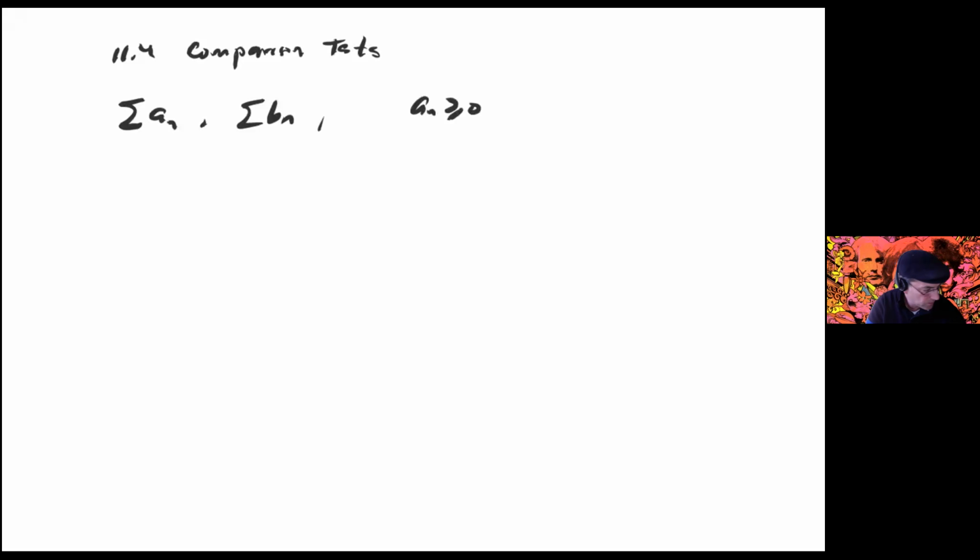Okay, it's the comparison test. There's actually two of them, so let's say comparison tests. In this case, you have two series, summation A sub n and summation B sub n. These have positive terms, so A sub n is greater than 0, and B sub n is greater than 0 for all n.